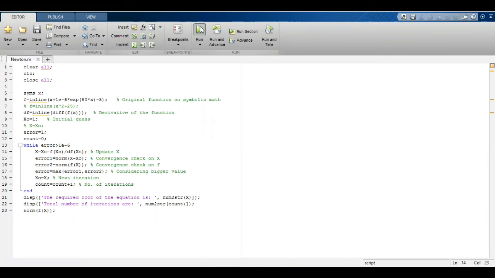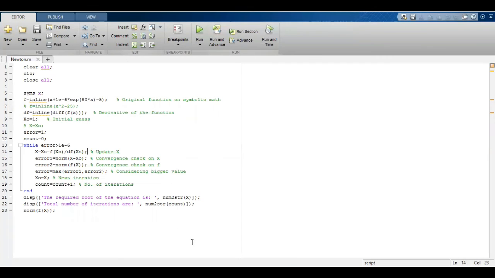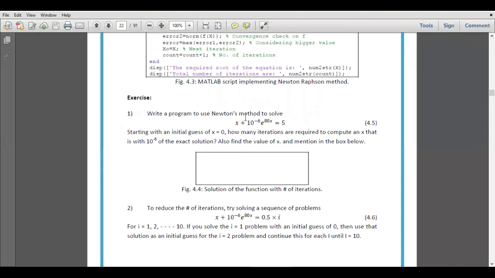So let's run this code. When I click on this run button, I get this solution 0.19232, and the total number of required iterations are 69. Similarly, I can use any other nonlinear mathematical function to calculate its roots, and Newton-Raphson method will give us the required result.